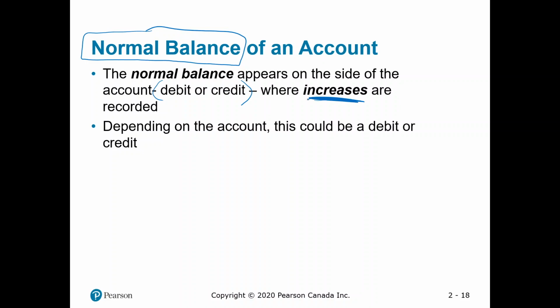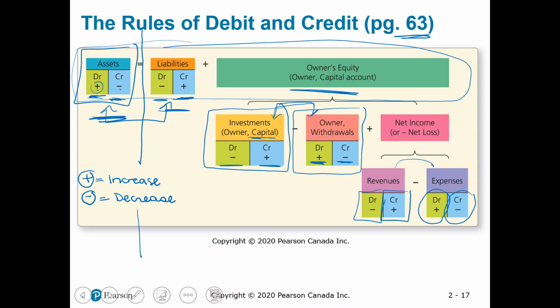So again, depending on the account, it could be a debit or a credit. So if we look back at this slide, we see that assets are increased with a debit. So debits are the normal balance for an asset. Liabilities are increased with the credit, so that will be the normal balance, and so on. So always where the increase is the normal balance.